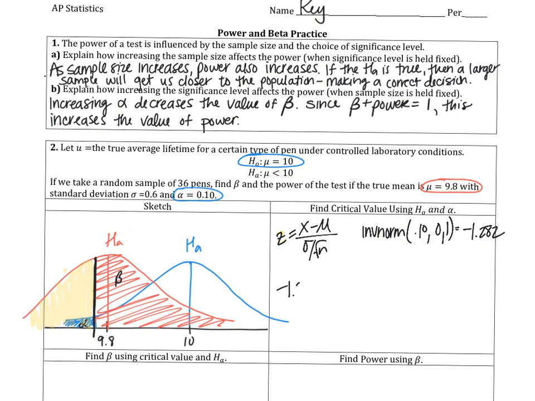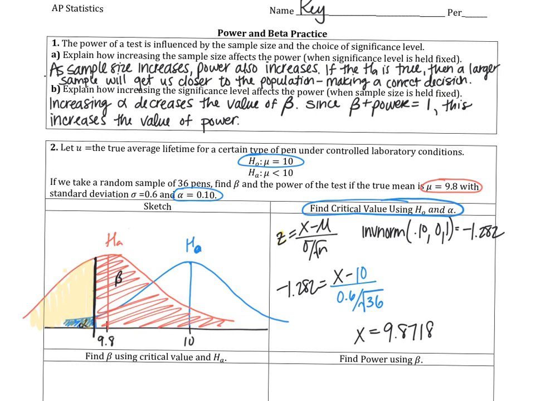So I've got negative 1.282 equals x minus, now remember, we are using the null hypothesis, so we're using a mu of 10 in this case, over sigma, which is 0.6, divided by the square root of n, which is 36. We can crunch that out, and x is actually 9.8718.